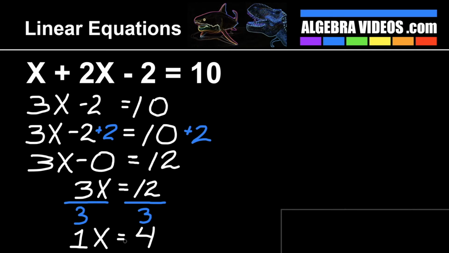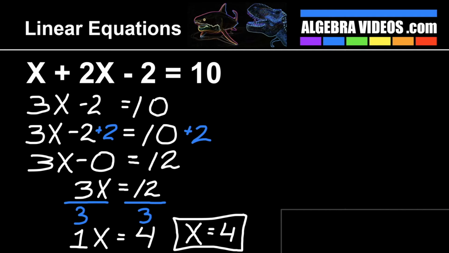So now we know 1x equals 4. And we don't really need to say 1x. That's just the same as x, right? So x equals 4. And that is the solution to our problem. And that's really as far as you have to go in math class. That's all you need to do to solve the problem.